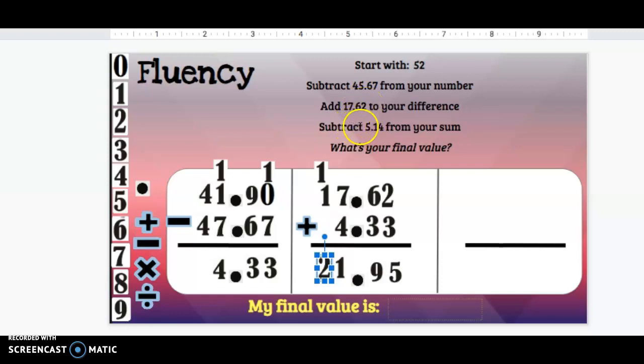Now I need to subtract 5 and 14 hundredths from your sum to find the final value. So this is my sum. And now I need to subtract 5 and 14 hundredths from that. So I put my 21.95, because that's my answer that I just got, and then I subtract.